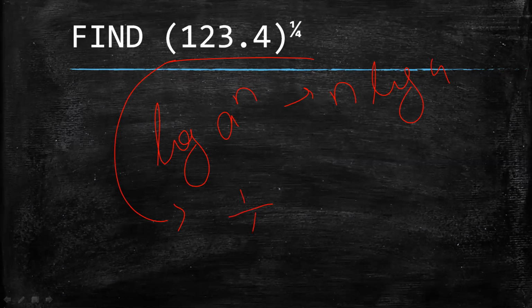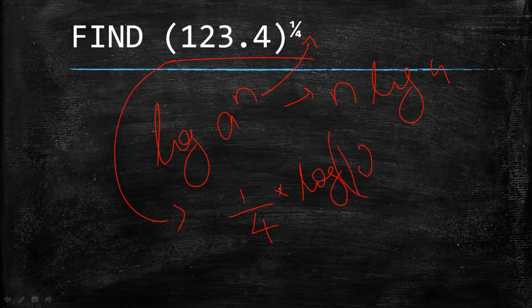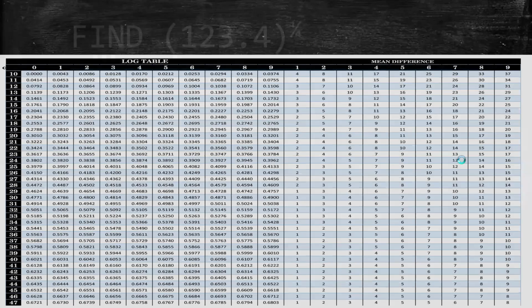Here in place of n you have 1 by 4. So 1 by 4 into log of 123.4 means 1.234 into 10 raised to 2. Right. So here again, I'm going to write 1 by 4 into 2.1213.